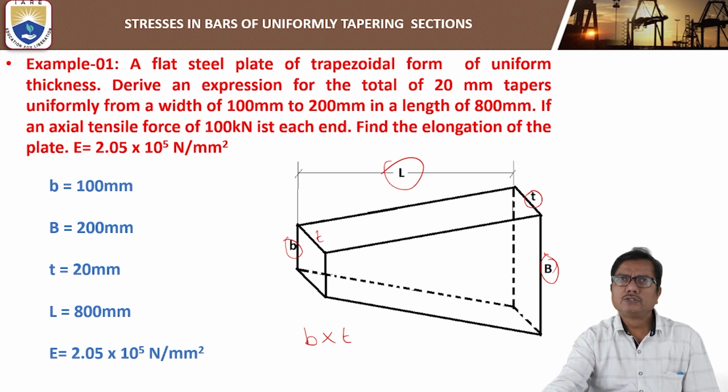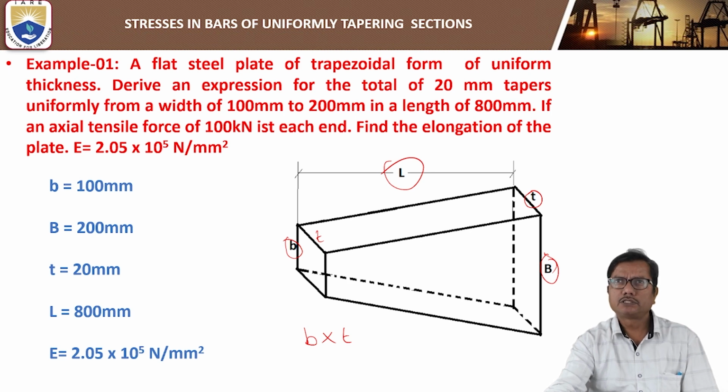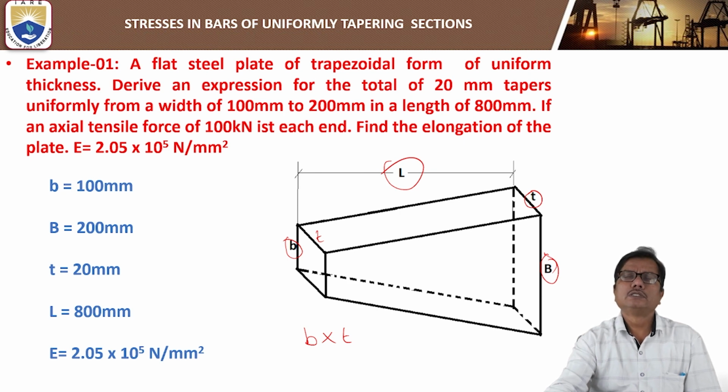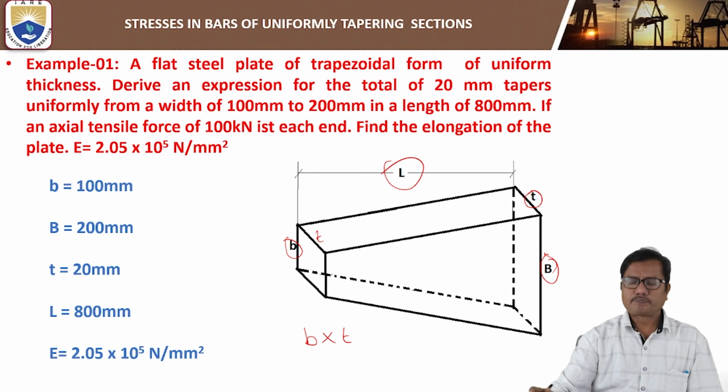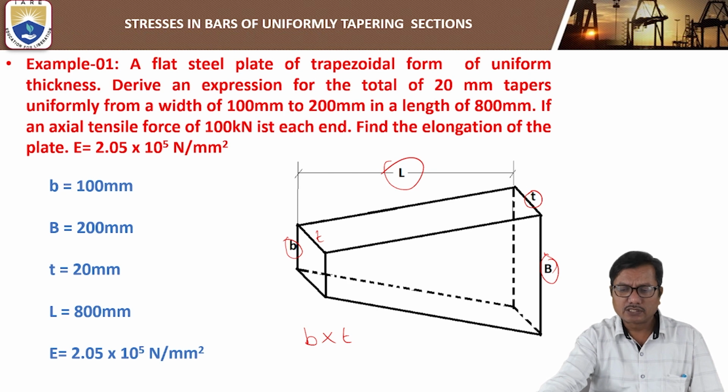Okay. So let us see what the problem given is. A flat steel plate of trapezoidal form of uniform thickness. Derive an expression for the total extension, for the thickness of 20 mm, which tapers uniformly from a width of 100 mm at one end to 200 mm at the other end in a length of 800 mm.